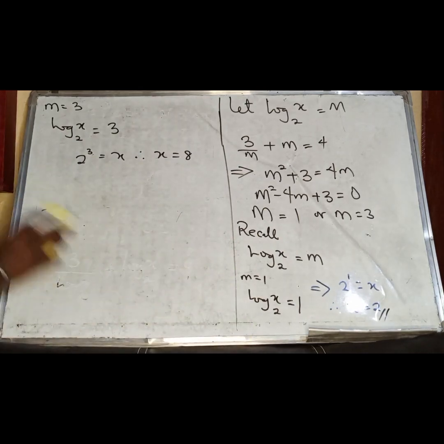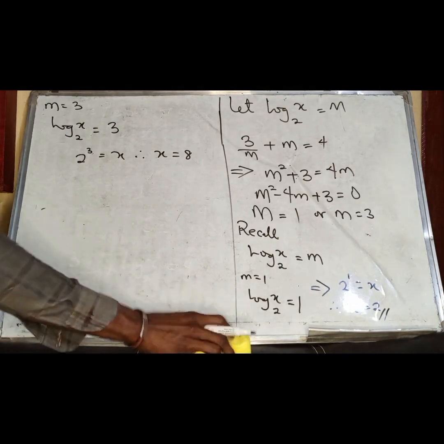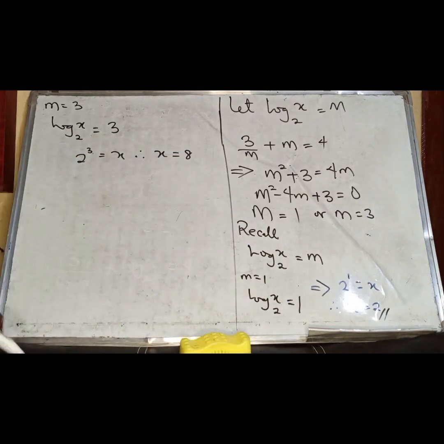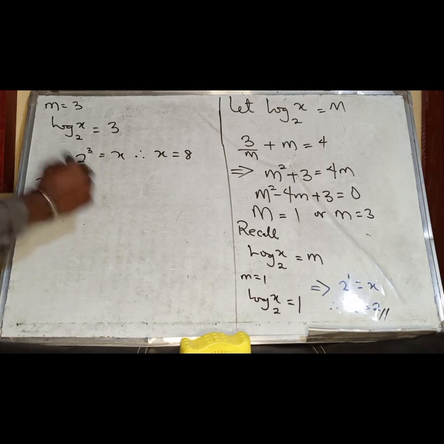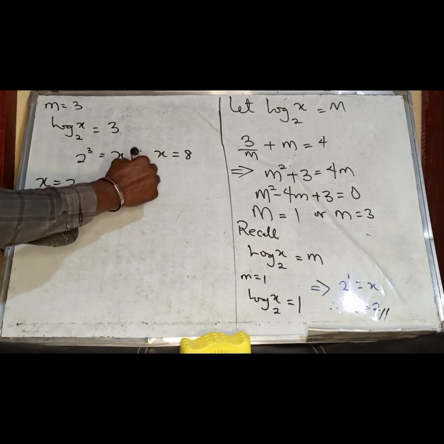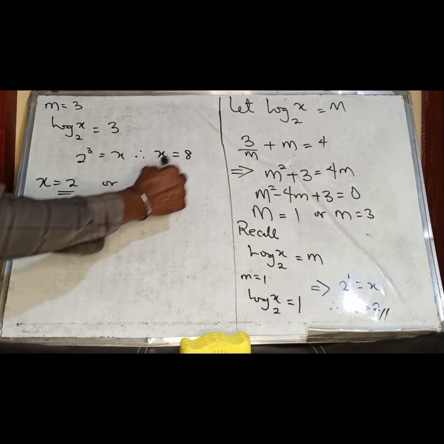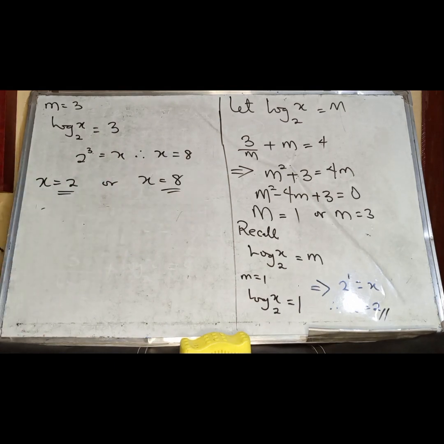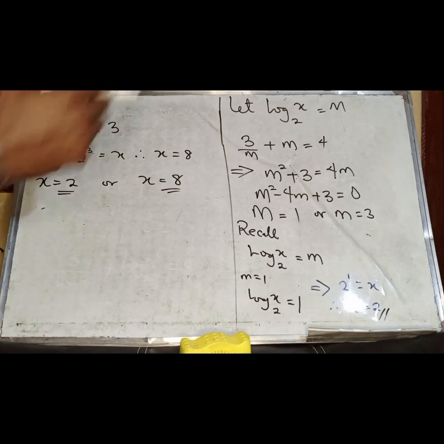So the values of x are 2 and 8. So x is equal to 2 or x is equal to 8.